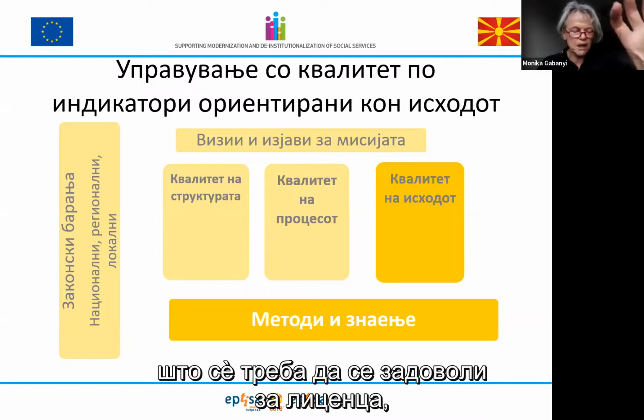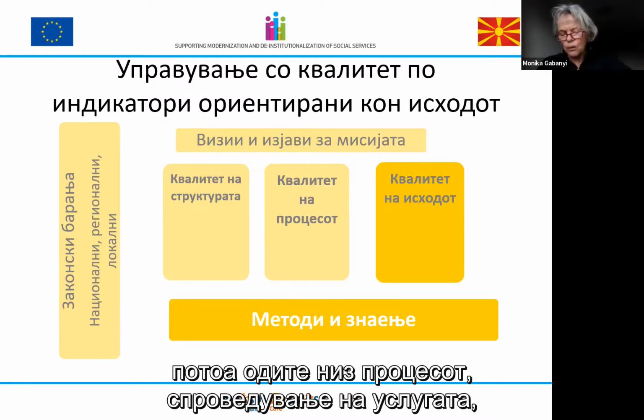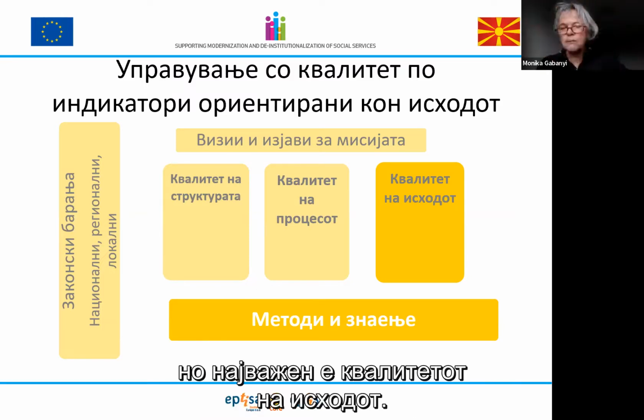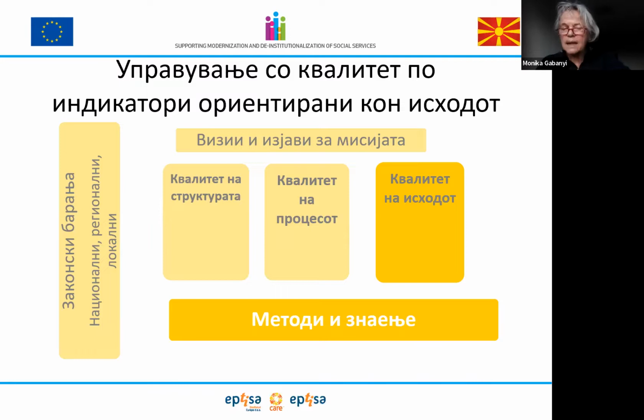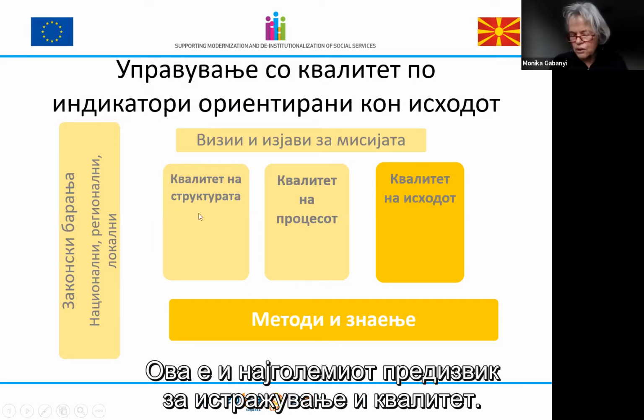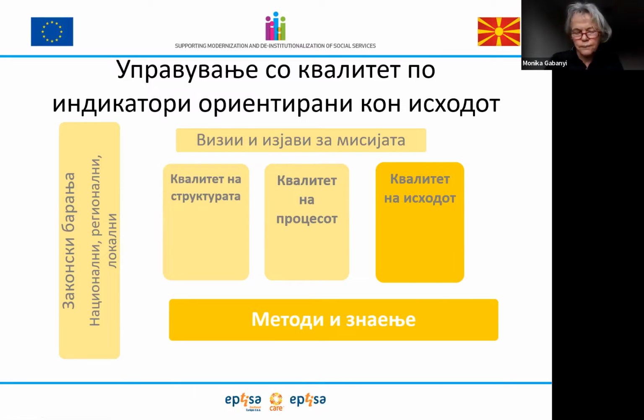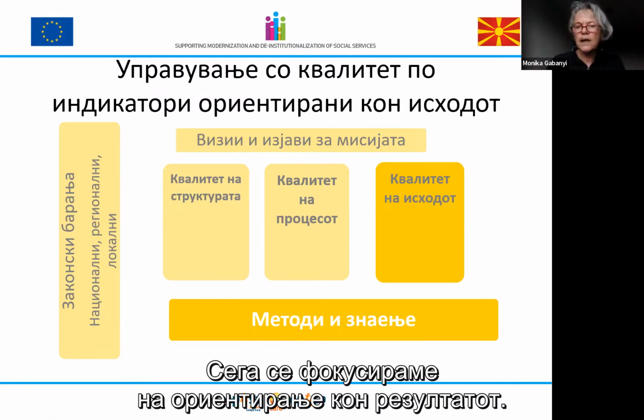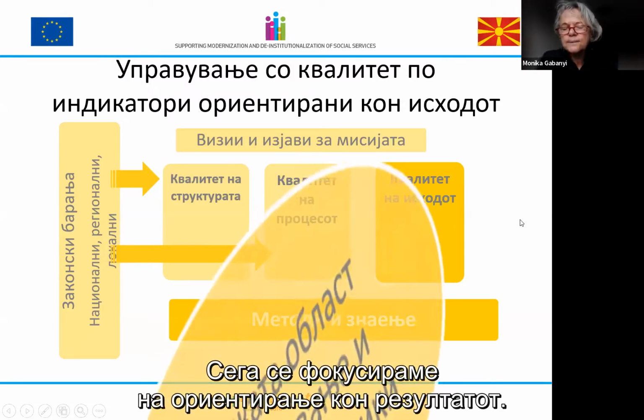You have to fulfill everything. Then you go through the process, the service implementation, but the most important is the quality of the outcome. And this is also the most challenging for research and quality. And now we are looking a bit more at this result-oriented approach.